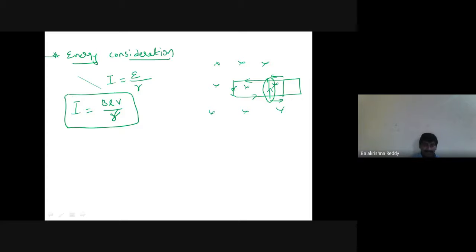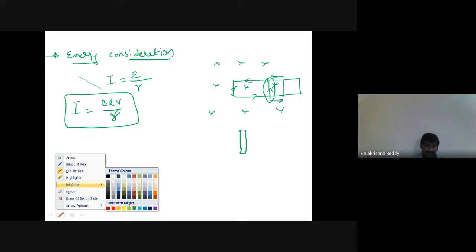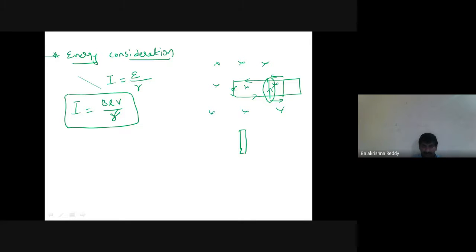Now, since it has resistance, whenever it moves inside and outside, it consumes some amount of power. Before power consumption, you need to understand the mechanism of how EMF is produced in the conductor. Let us say this is a PQ conductor: the electrons and positive charge carriers move away from each other.